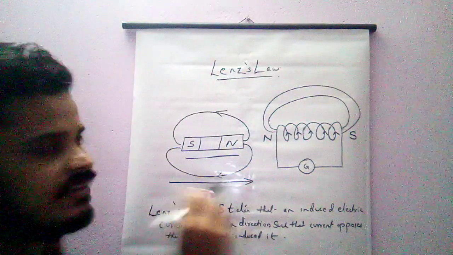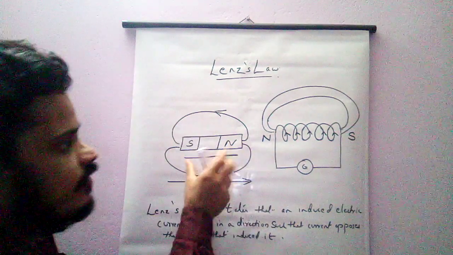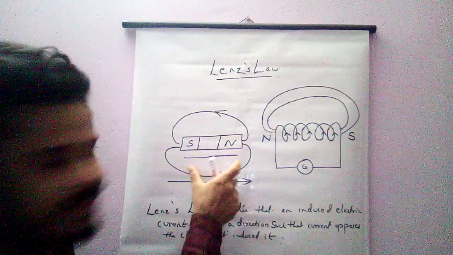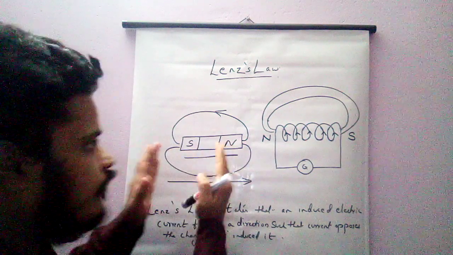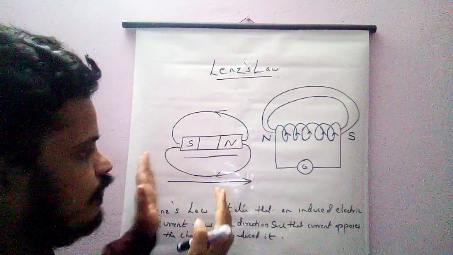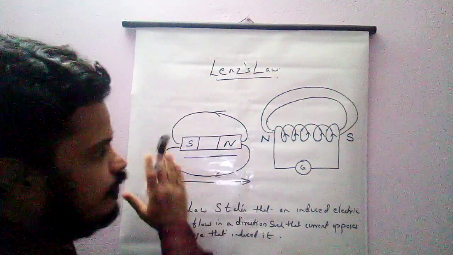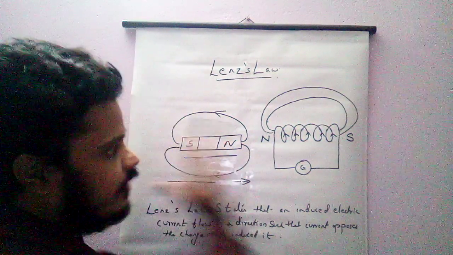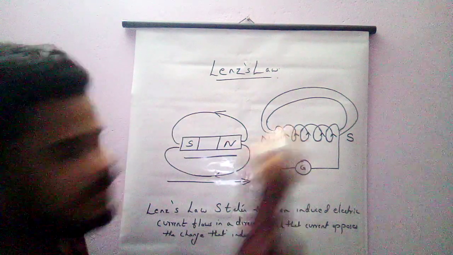The reason why the direction of the current is towards north is that here we have a bar magnet, with north here and south here. If we move this magnet from left to right, a current is developed and its direction will be towards the north.